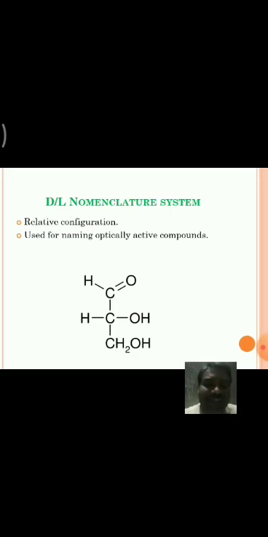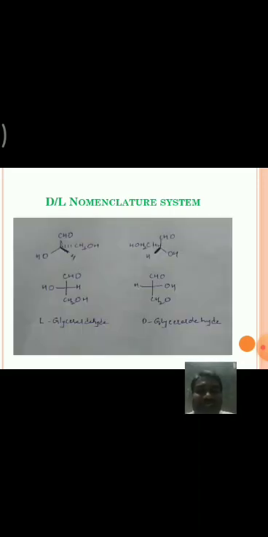For assigning DL nomenclature or DL configuration, glyceraldehyde is taken as the origin. That means by taking glyceraldehyde as the origin molecule, this configuration will be assigned to the optical isomers.